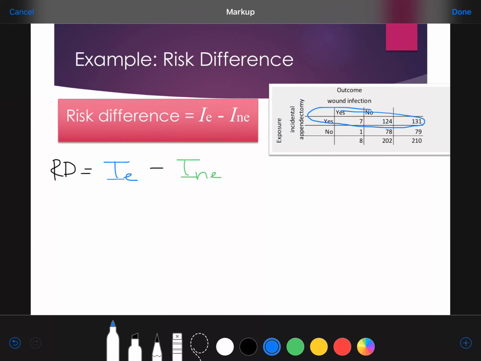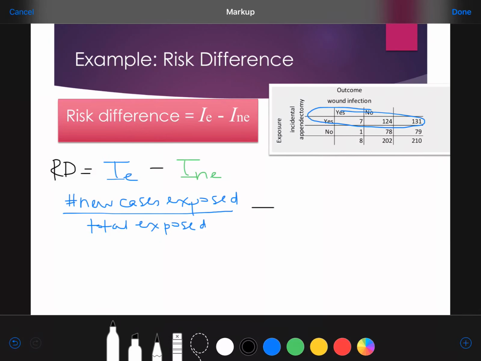So incidence exposed: number of new cases exposed, divided by total exposed, minus number of new cases non-exposed, and we're looking at this row down here, by the way, over total non-exposed, and that's how you would get RD.